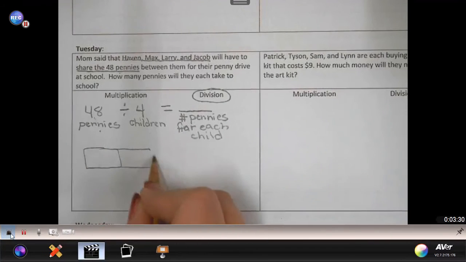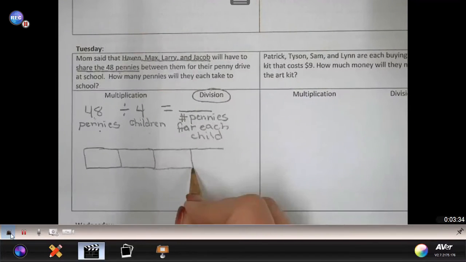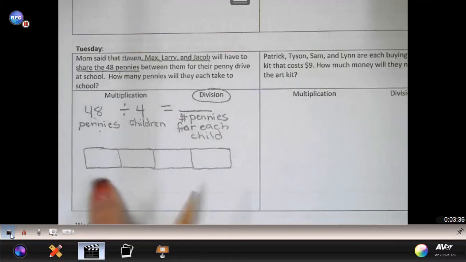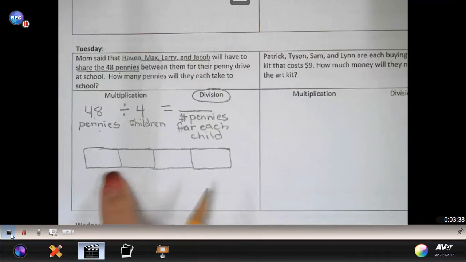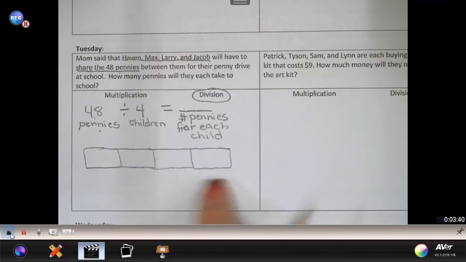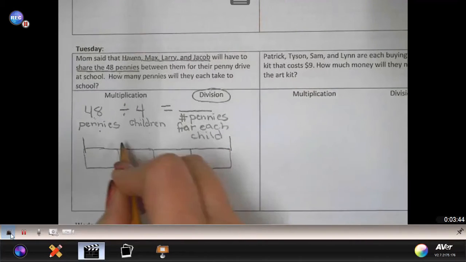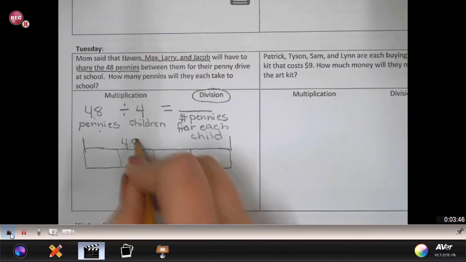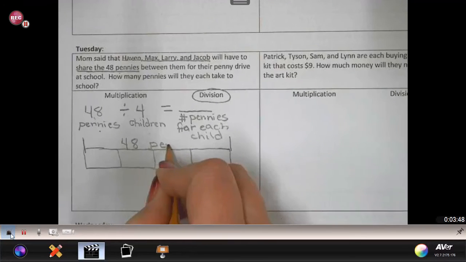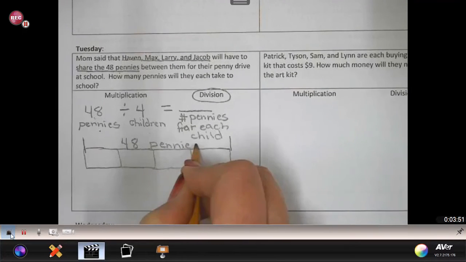into 4 equal groups. I'm going to use a bar diagram to help me with this. So I have 4 bars here. Each one of these bars is representing one of these students. So we're going to take the 48 pennies and we're going to share them with all the students.